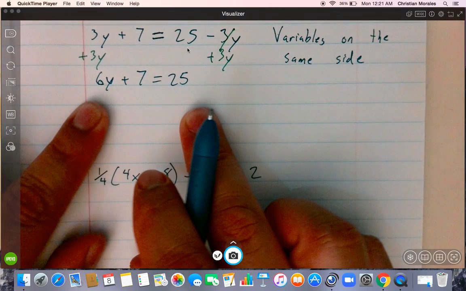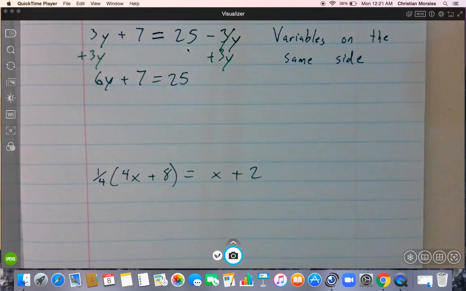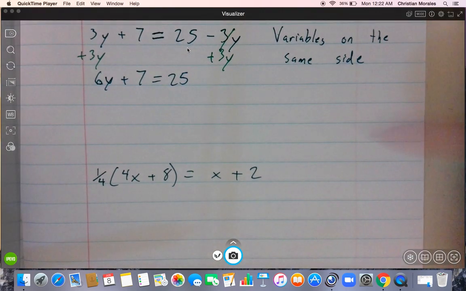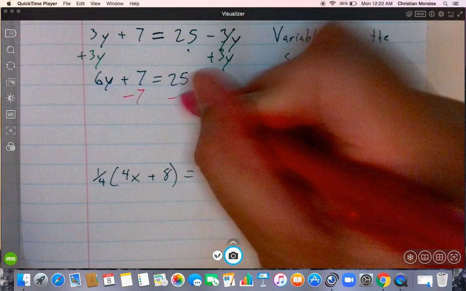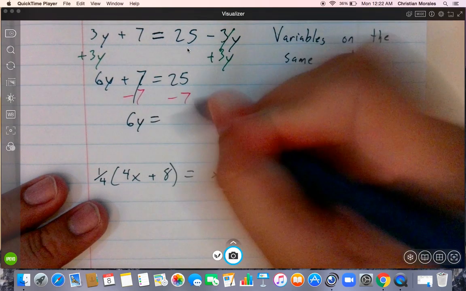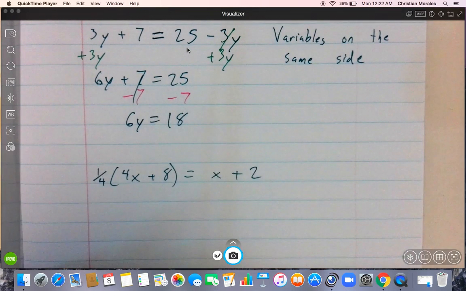And this is the problem. And now we just do what we did last time, solve using inverse operations. The inverse of adding 7 is subtracting 7. We get 6y equals 18.